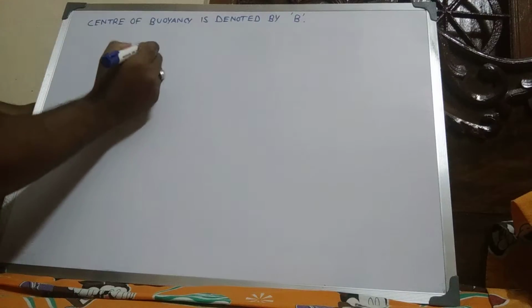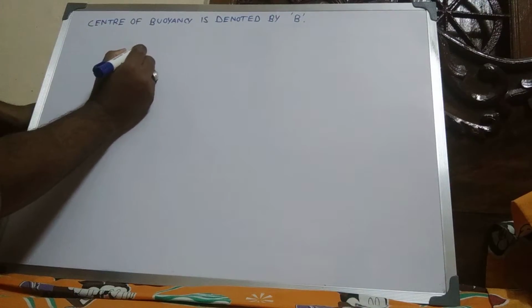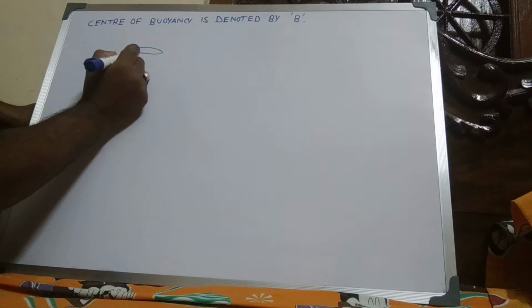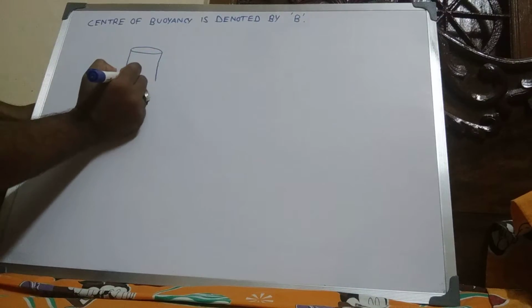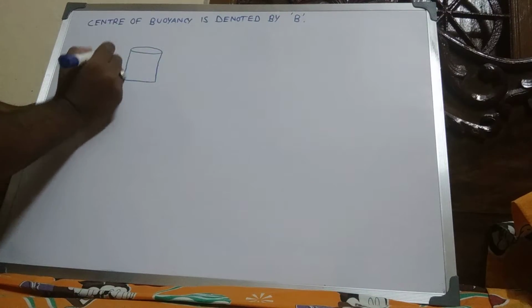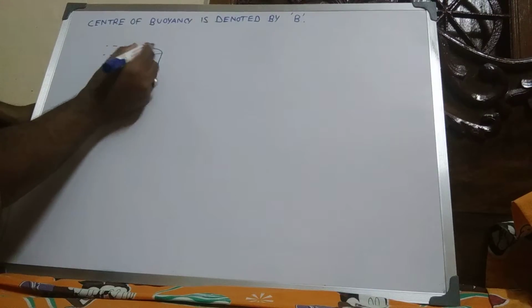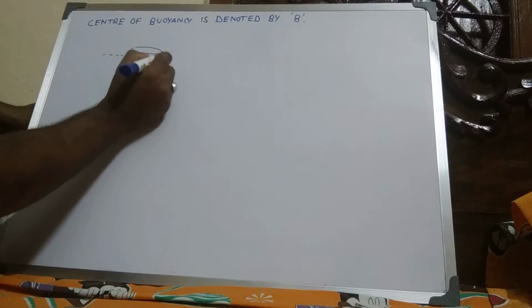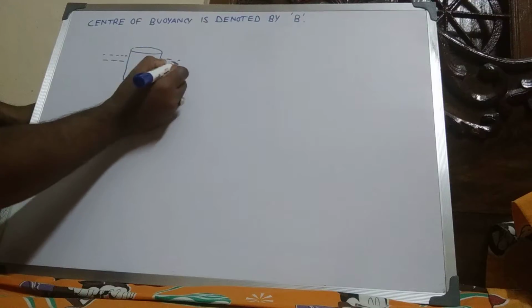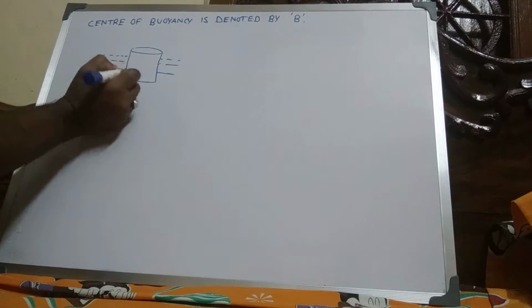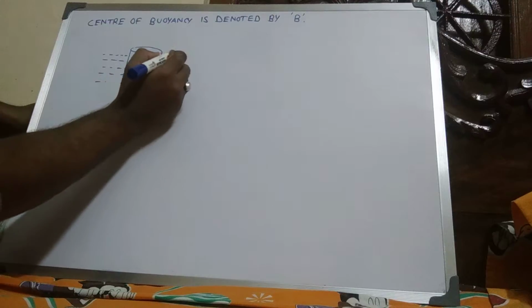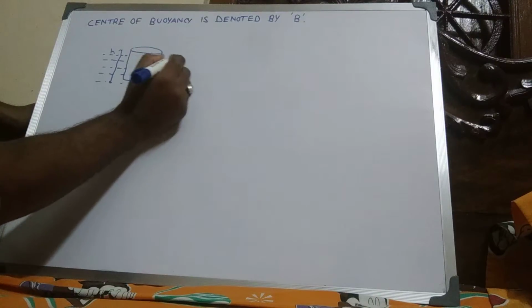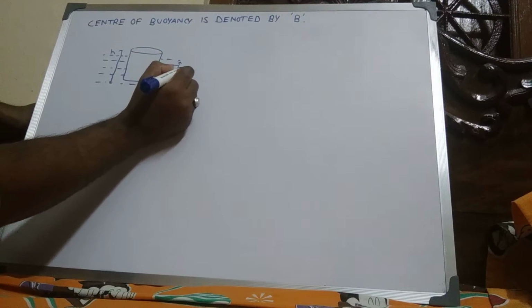Now, consider a cylindrical body, suppose it is floating. Total height is h and this height is x.